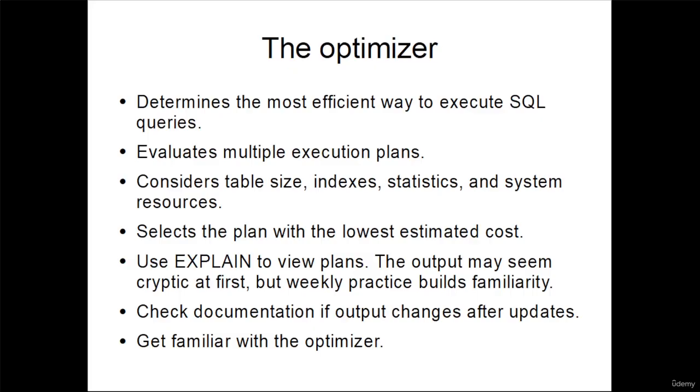These statistics are collected via the ANALYZE command, which enables accurate cost estimates for operations like scans, joins, and sorts. To inspect the optimizer's chosen plan, Postgres provides EXPLAIN and EXPLAIN ANALYZE, which reveal estimated costs, actual execution times, and index usage. MySQL Query Optimizer. This optimizer is designed for simplicity and speed, especially for read-heavy workloads.